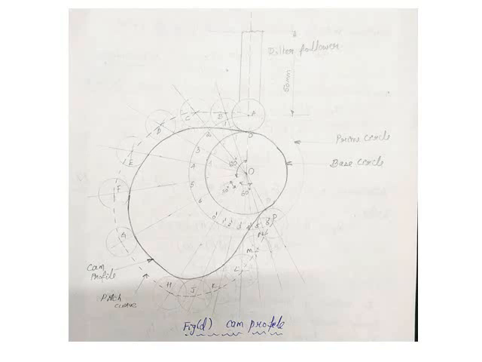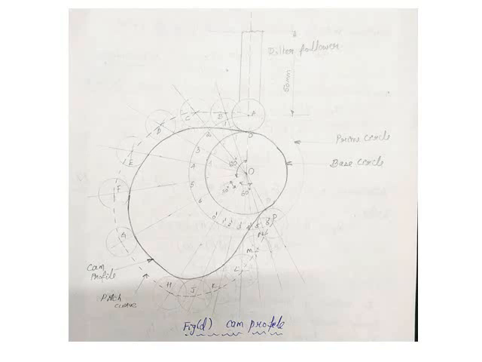Here the diameter of the roller is given as 20, so the radius will be 10. So the total radius will be 25 plus 10, that is 35 mm. That will be the radius of the prime circle.